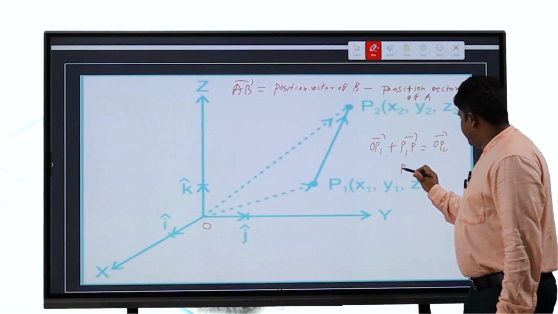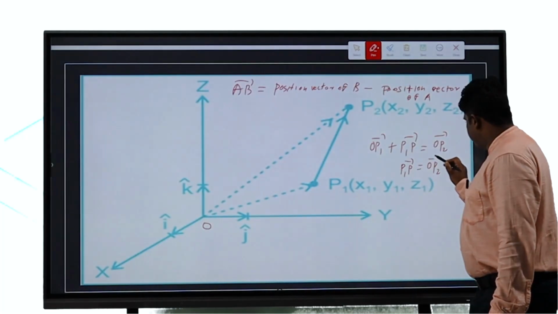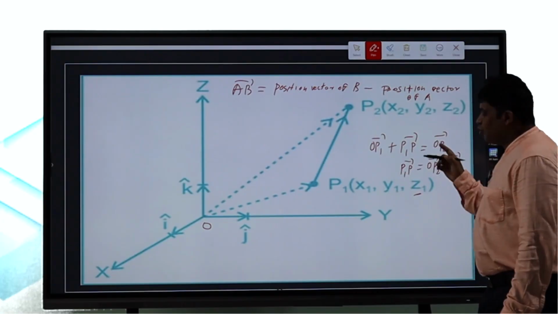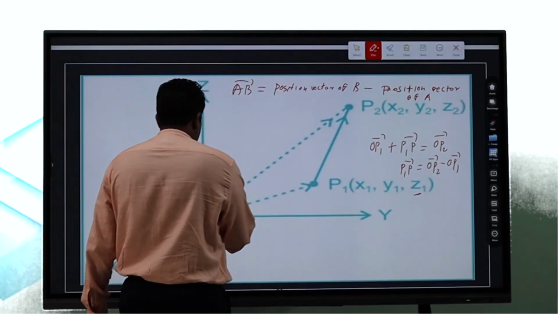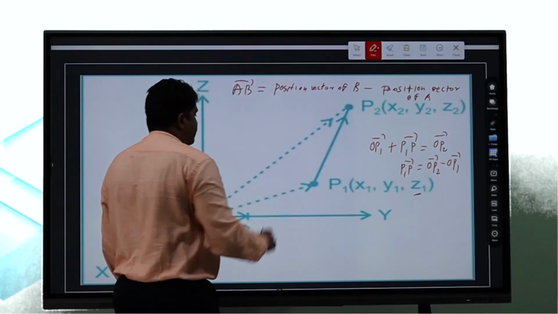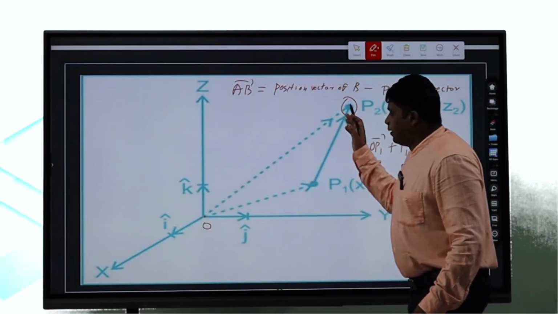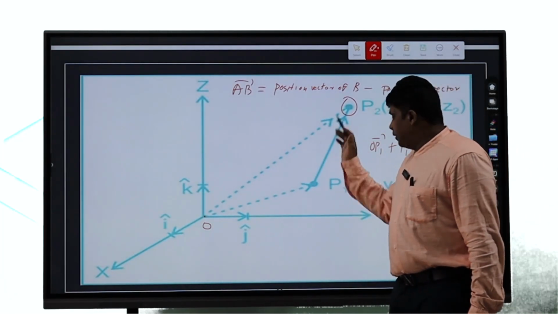Then what is vector P1P2? Vector P1P2 is equal to vector OP2 minus vector OP1. Look, what is OP2? OP2 is the position vector of point P2, because it locates the point P2 with respect to the origin. That is why OP2 is the position vector of P2.